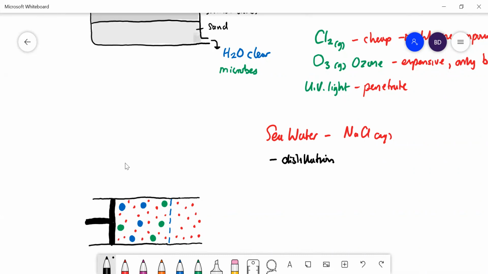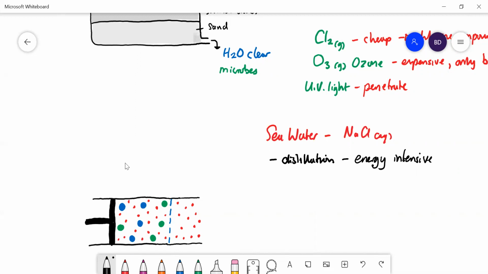It doesn't boil with the water, and then you condense the steam, and you'll end up with distilled water, pure water. The problem with this method is it's very energy intensive. It uses a lot of energy because you've got to boil all of the water that you're making. So that makes it very expensive.